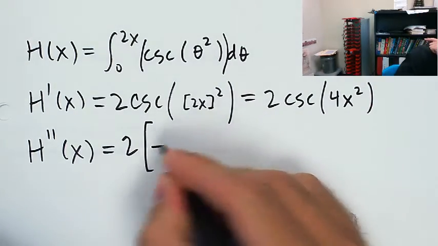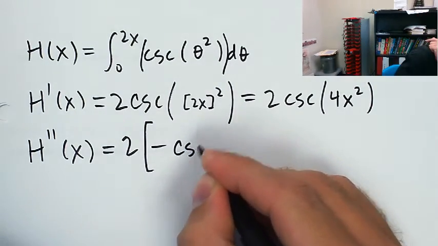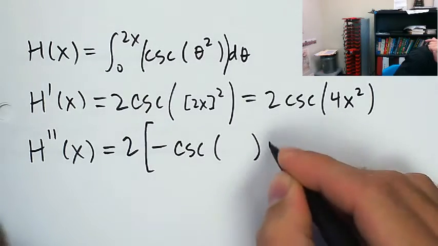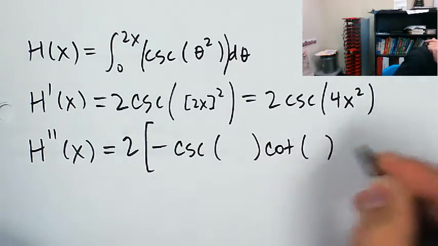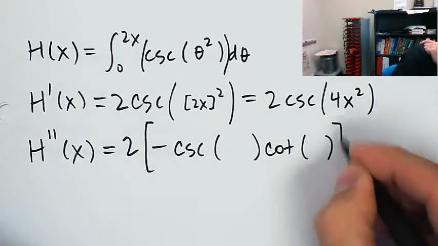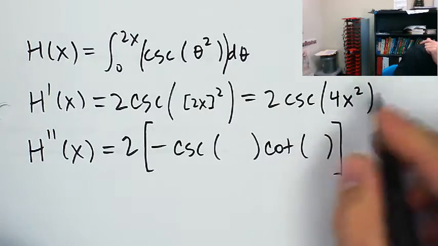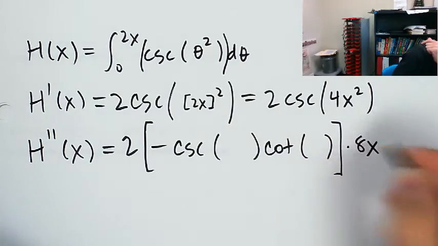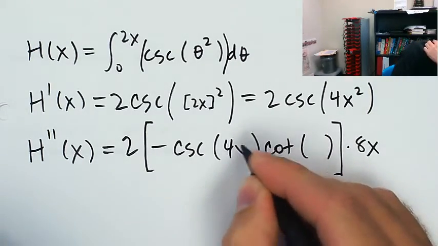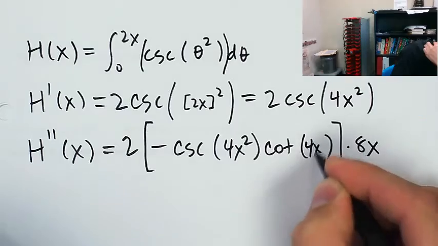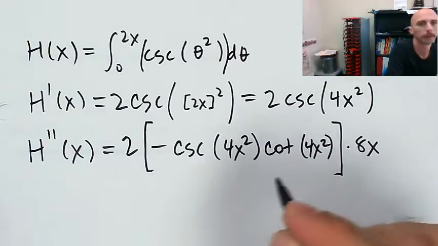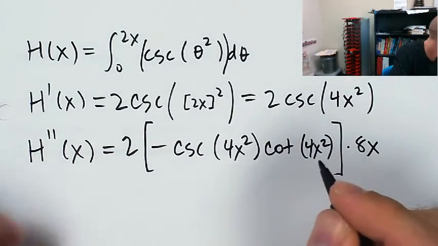Okay, so I've got negative cosecant cotangent. We're going to leave the inside the same. And then we're going to multiply by the derivative of the inside. Yeah. That was kind of a lot, but it's good practice.